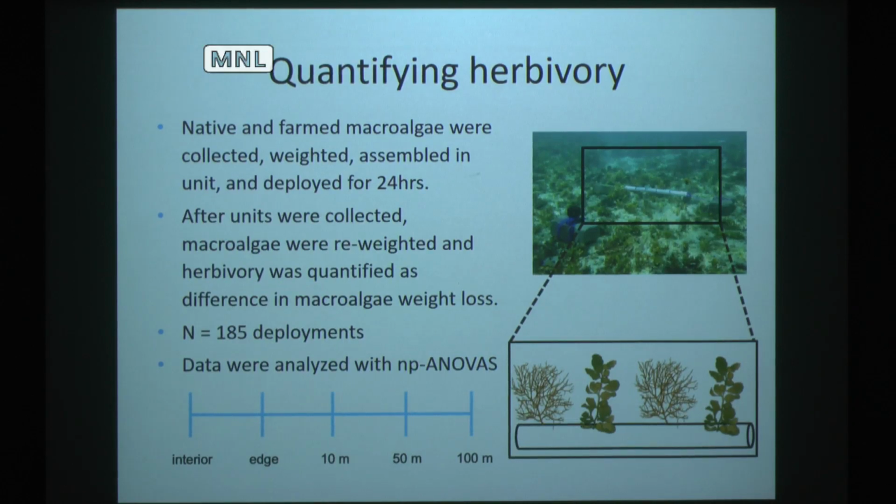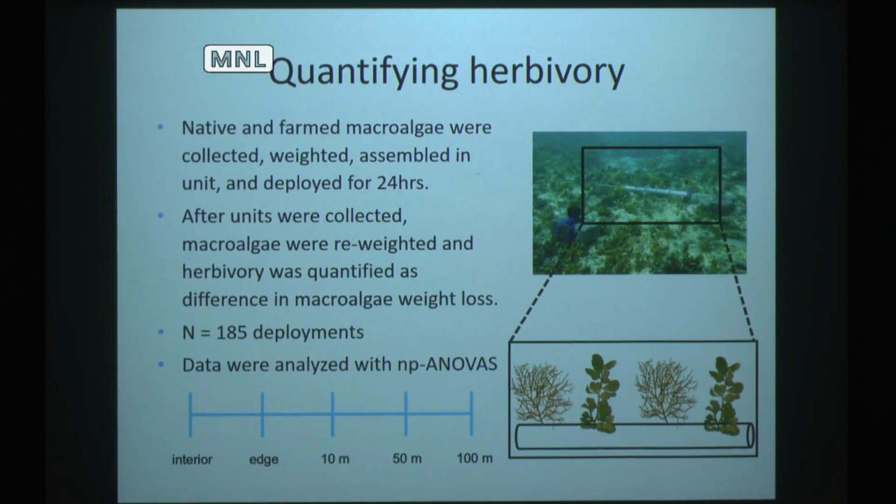And to quantify herbivory, I conducted a field experiment where I collected algae from natural macroalgal beds and algae from the farms, so farm algae and natural algae. And we removed and cleaned them of epiphytes, spun them really fast in a salad spinner to remove any excess water, took their weights, assembled them in a unit such as the ones that we see over here, and deployed them for 24 hours.